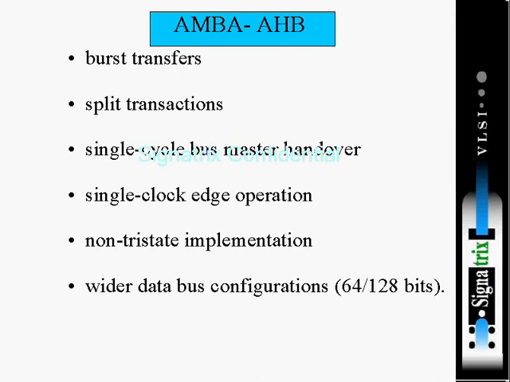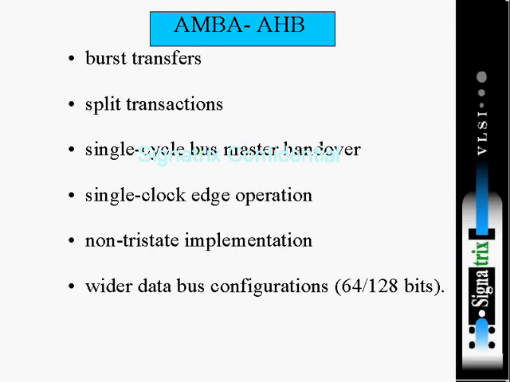Now second master wants to access that bus, so it will give request to that arbiter. Arbiter will give the access of this bus to any one of this master, right? So first it is giving access to master M1. Okay, so master M1 accessed that bus, it finished its process.